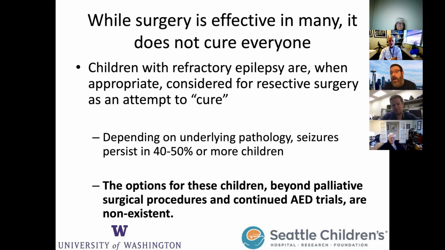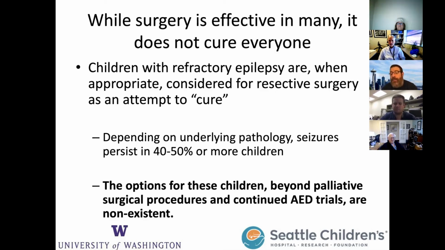And it turns out that on the whole, we do okay, but we don't do phenomenal when it comes to curing all these children. So approximately 40 to 50% of children, even after a well thought out and well executed epilepsy surgical plan, can continue to have seizures.